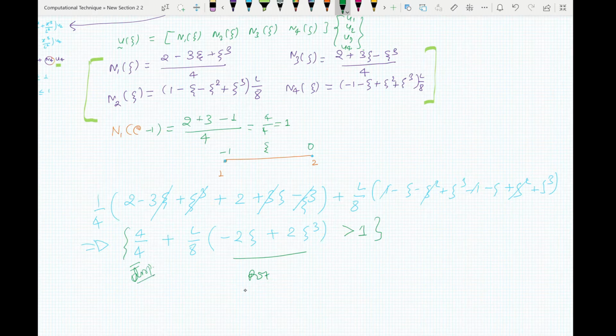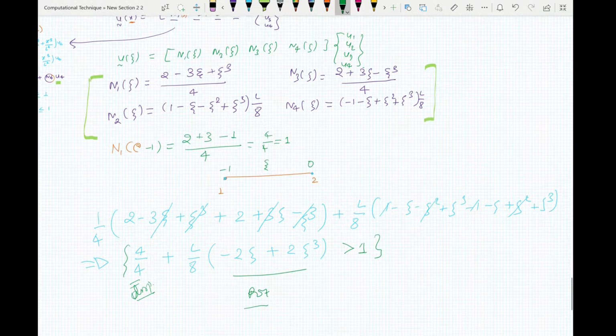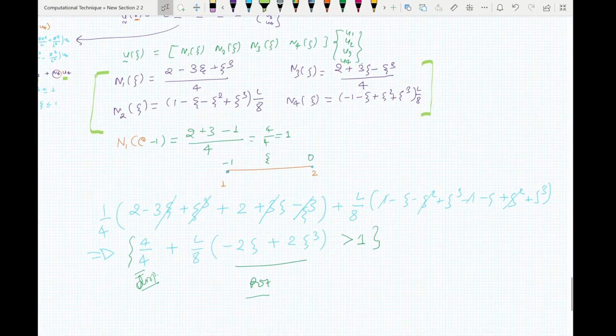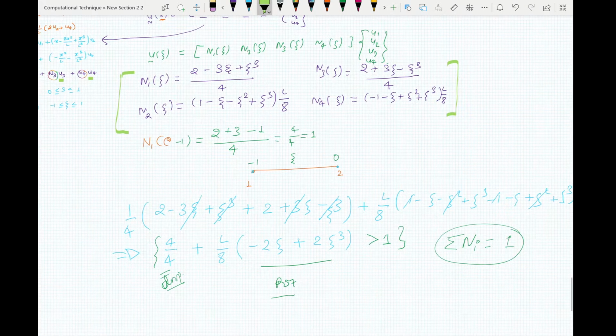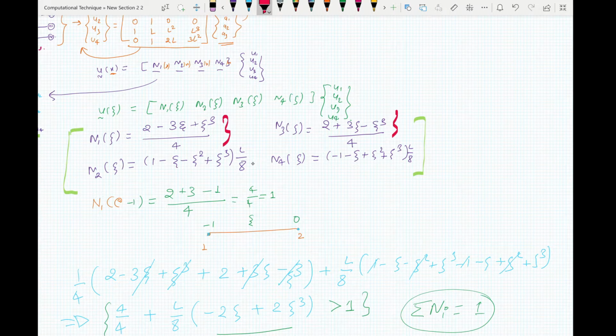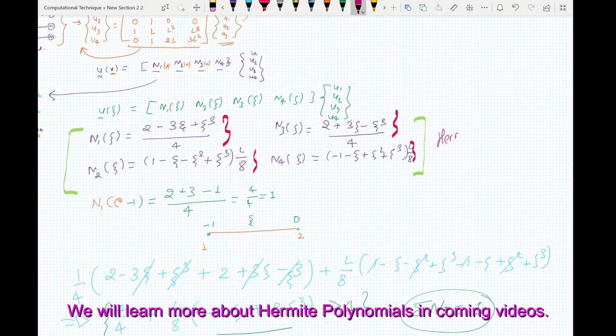That's why they don't add up to 1. Therefore, be careful not to use this property of shape functions that they sum to 1 while using the beam element. Now these functions in terms of xi are known as Hermite polynomials.